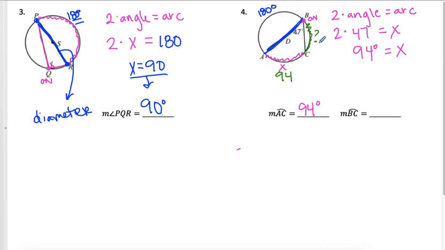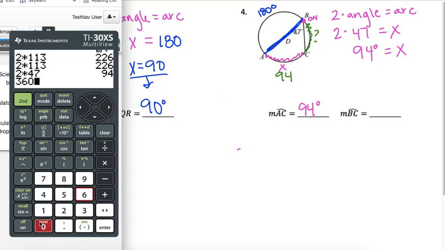So the whole circle is 360. Or we could do this entire side has to be 180. Either way, we can find this missing measurement. We know that this plus this equals 360, or these two equal 180.